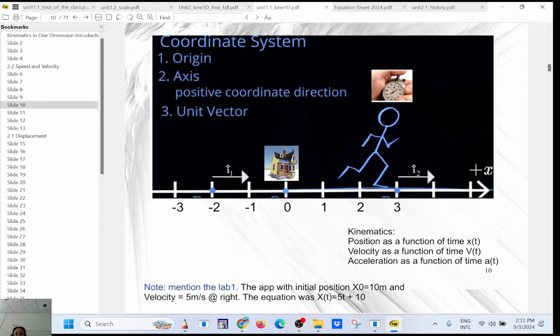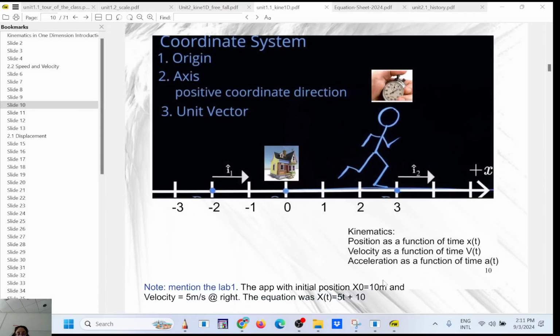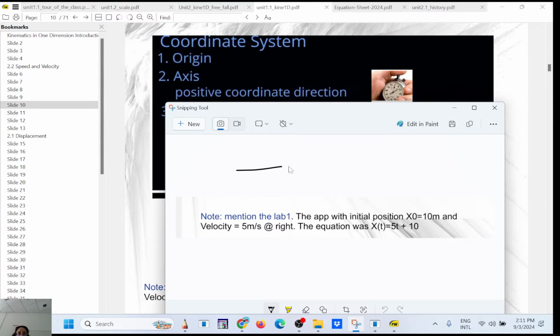Okay? So, for example, let's say you are on the number line, and your position at t equals 0 is 10, and you do have a velocity, right?